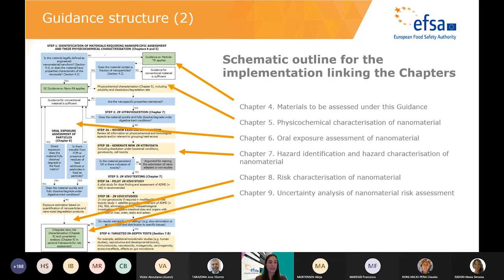The guidance also presents different exit points for which relevant scientific evidence is needed. In case an exit point can be applied, the conventional guidance is enough and should be followed for the application considered.